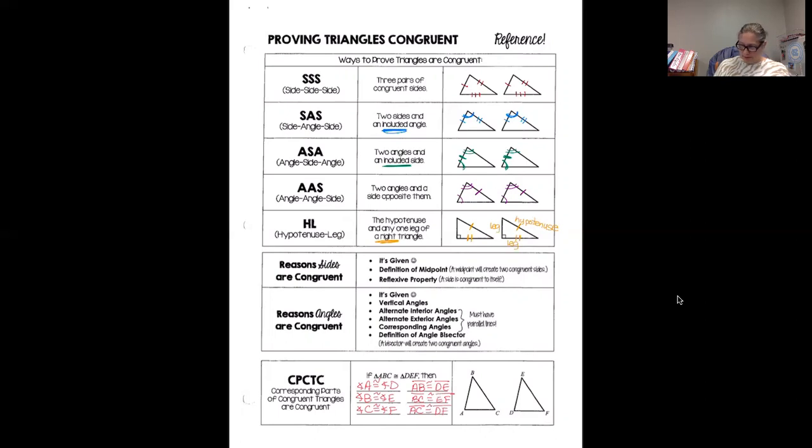So on our diagram, angle A is congruent to angle D, angle B and angle E, angle C and angle F, AB, DE, BC, EF, AC, and DF.